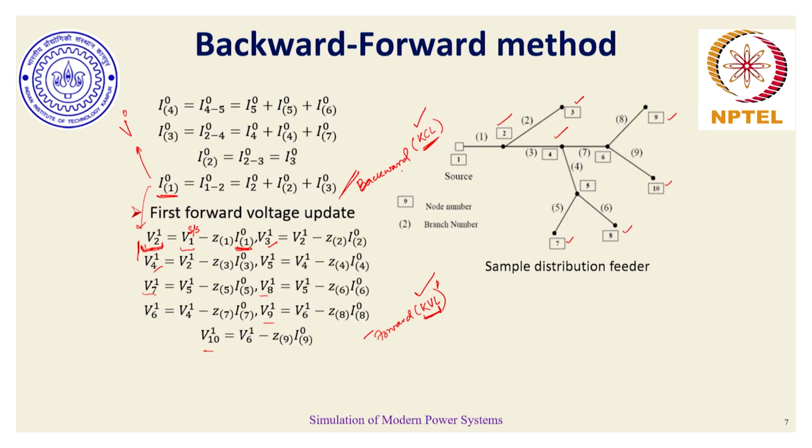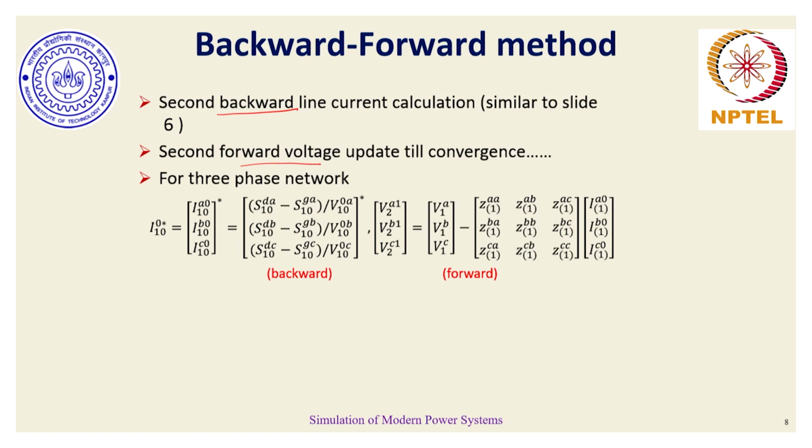The expressions that you see here are, as I mentioned, for the single-phase sample distribution feeder. If the same were to be written for one line section in a three-phase network, then this same current I10, which is the injection current at bus number 10, gets blown up as a 3x1 matrix: phase A, phase B, phase C currents.